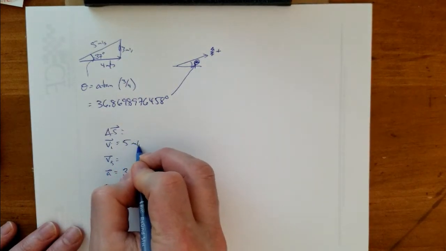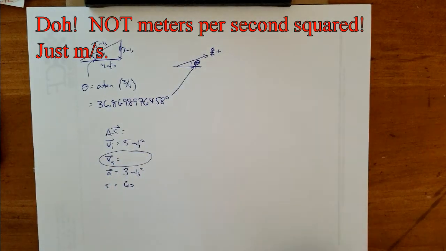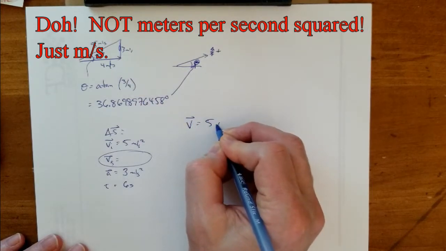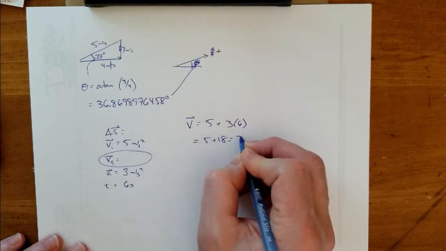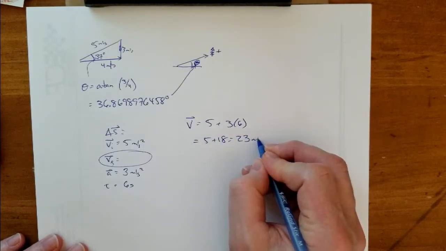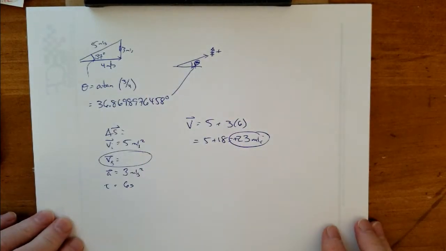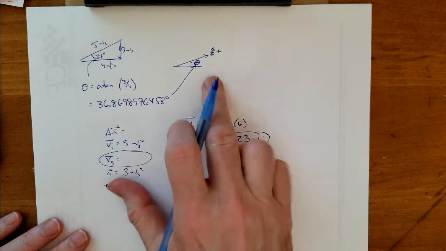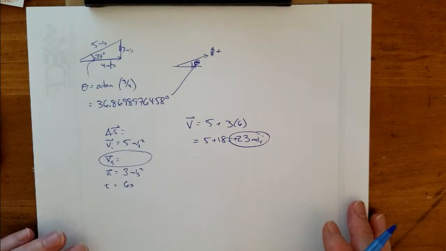My velocity is 5 meters per second, time is 6 seconds, and I'm trying to find this. And so my V final is equal to 5 plus 3 times 6, or 5 plus 18, or 23 meters per second in the positive direction, because I said that was the positive direction. So it's a two-dimensional problem, but I can change it into a one-dimensional problem just by changing my coordinate system.